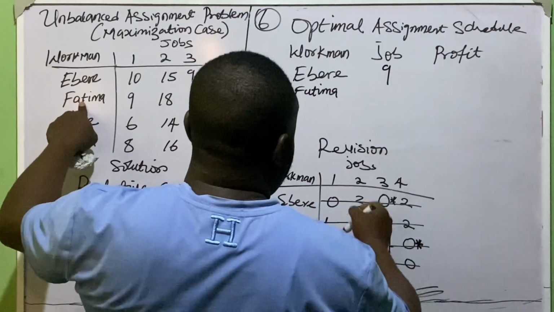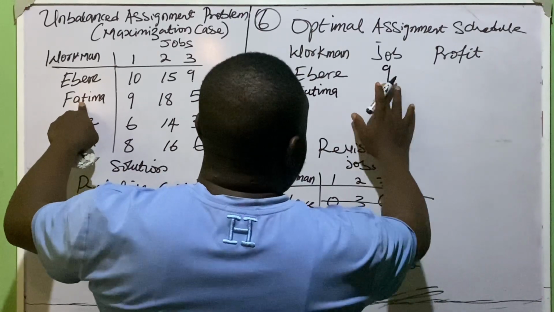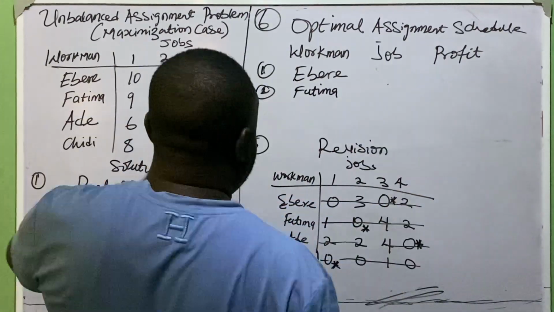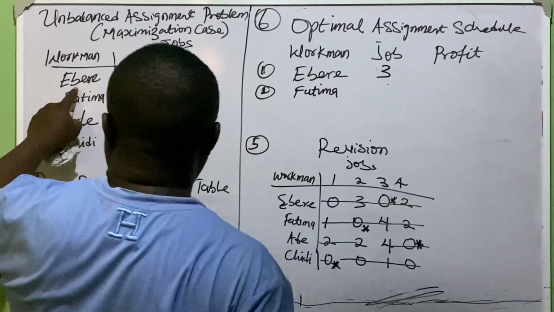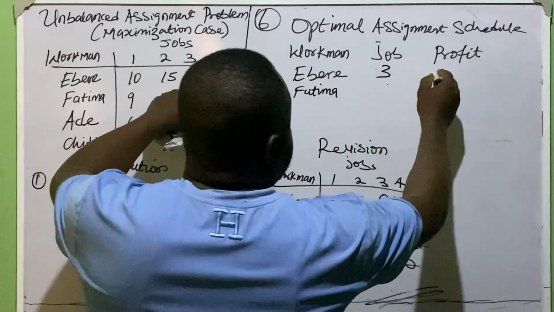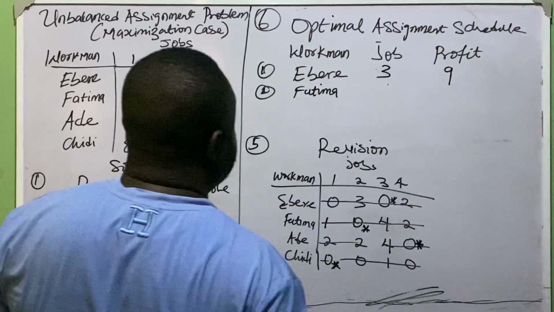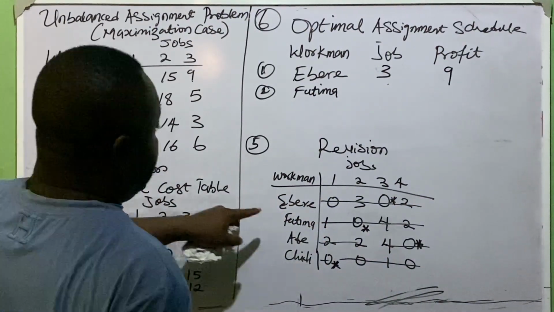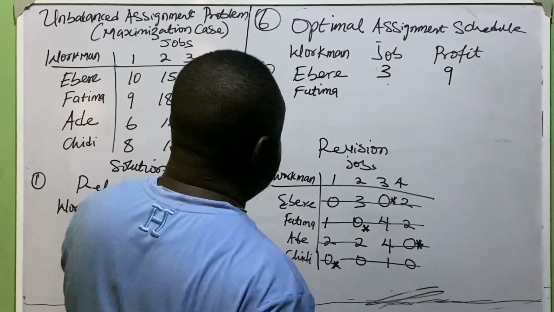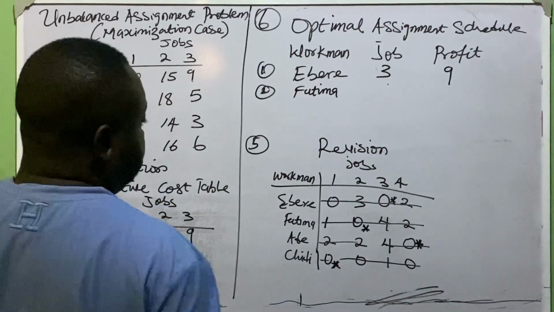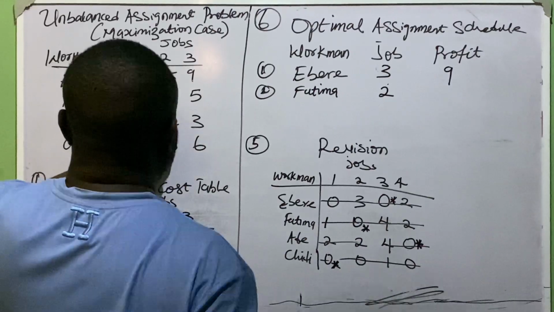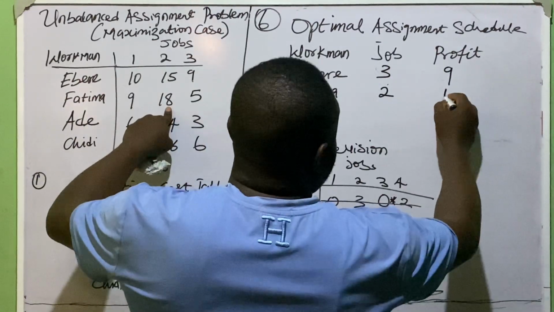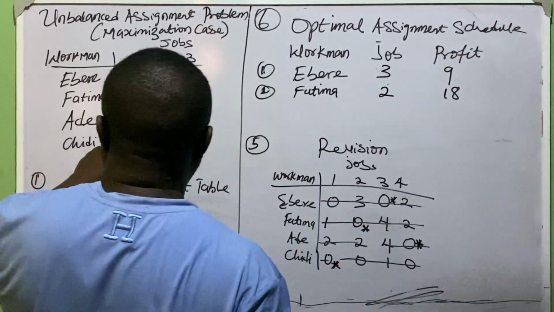Sorry, Ebere will take job 3, and it is 9. Sorry about that mix up. Then Fatima will take job 2, and it is 18. The profit will be 18 naira.